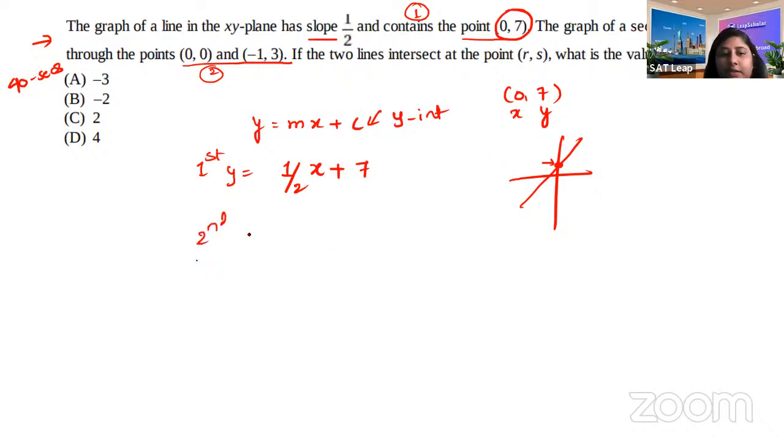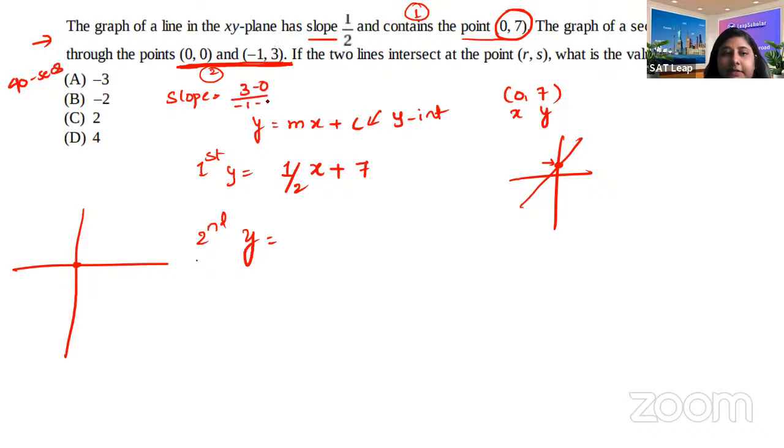Now, what is going to be the equation of the second one? Second one, we have the points on the line. The line is passing through (0,0) and (-1/3, 3). If I find out the slope using these 2 points, it is going to be (3 minus 0) divided by (-1 minus 0), which is going to be -3.